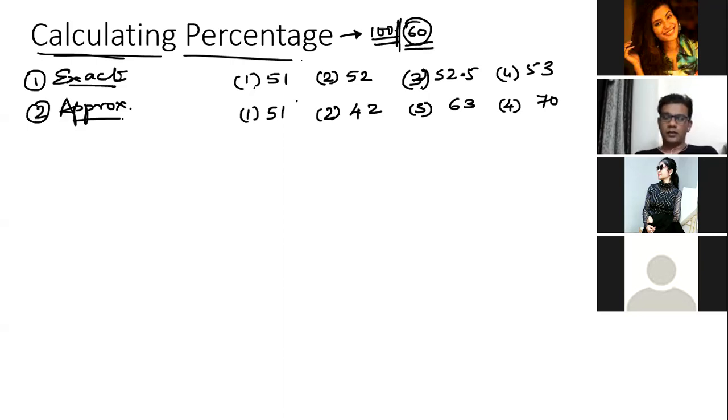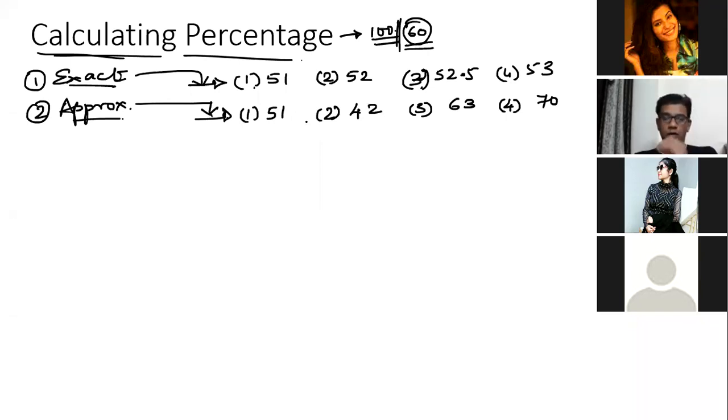You guys are smart enough to understand where I'm coming to, right? So when I have this kind of answer option, I have to get into an exact way, because the answer options are very, very close. But when I have this kind of answer option, I will get into an approximate way, because the answer options are way far from each other. So my approximation will always make me guess the closest right answer.